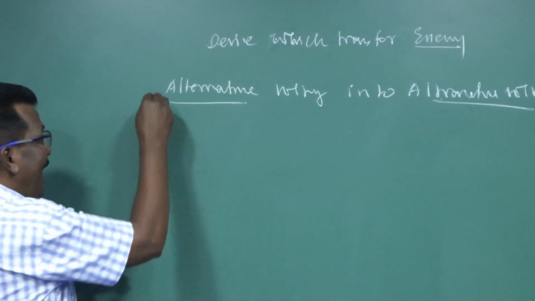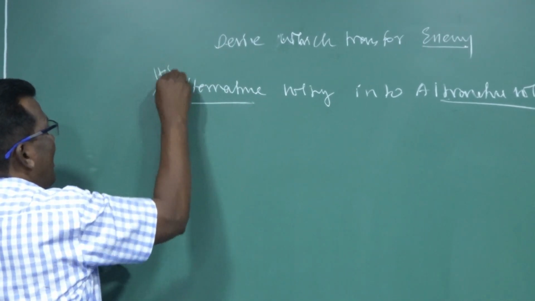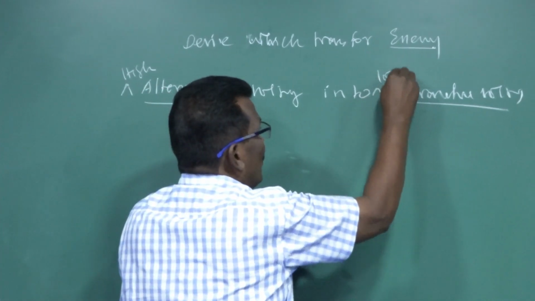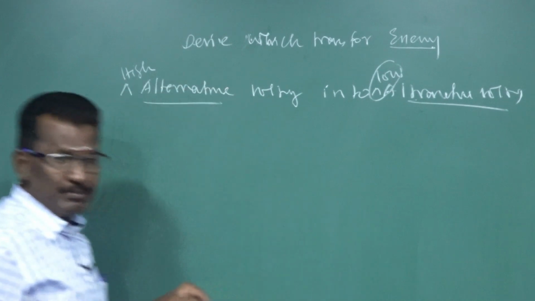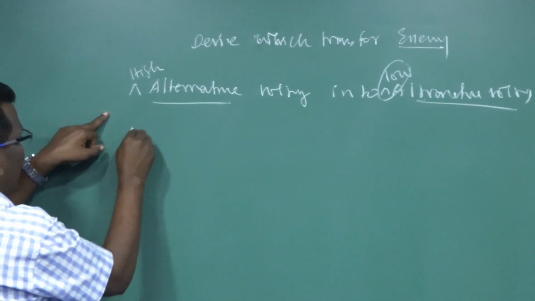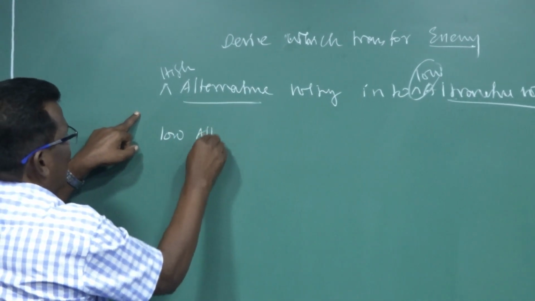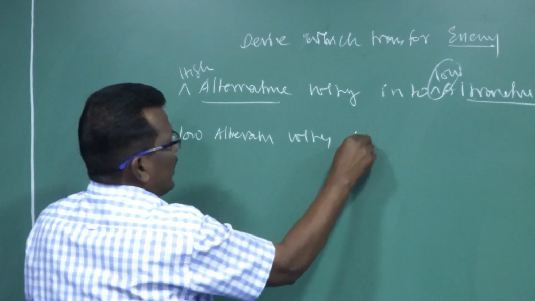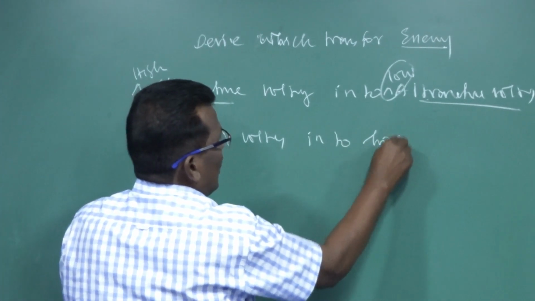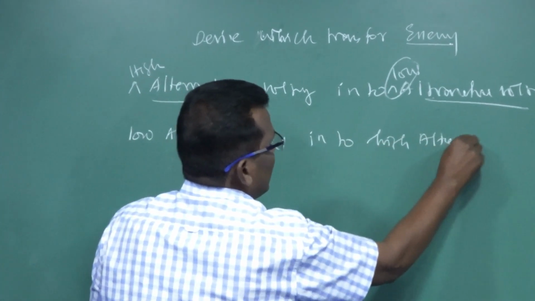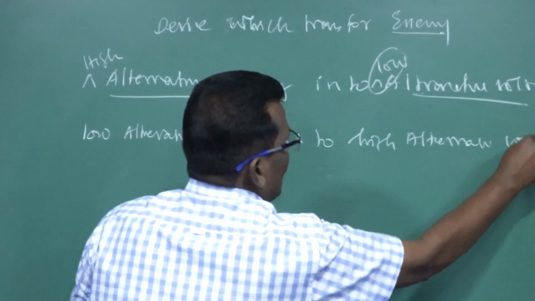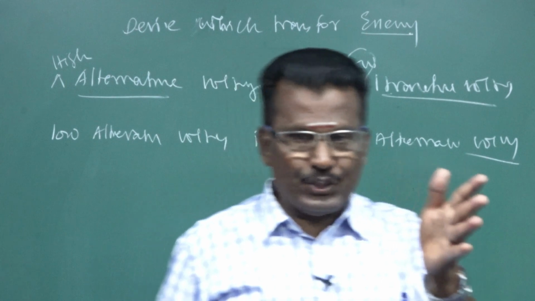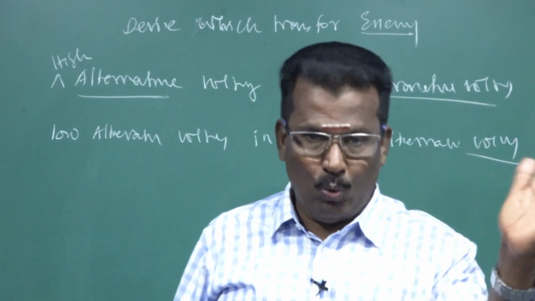That means high alternating voltage into low alternating voltage, or low alternating voltage into high alternating voltage. So the transformer changes the voltage from high to low.